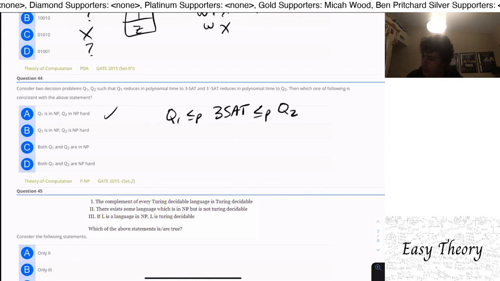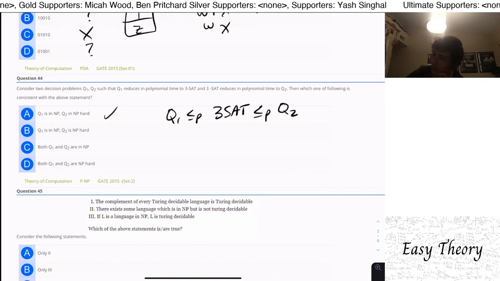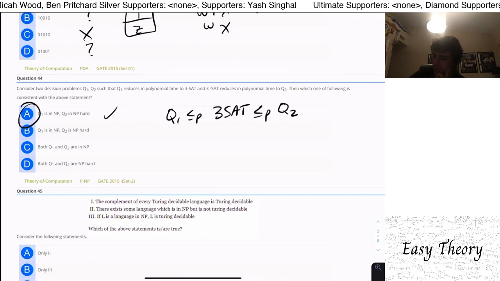Wait, those two are the same answer. But yes, because if it reduces to 3 SAT, it must be in NP. Okay, I'm not sure what that's supposed to mean, but I think A is the answer there. I'm not sure what these three are supposed to do.